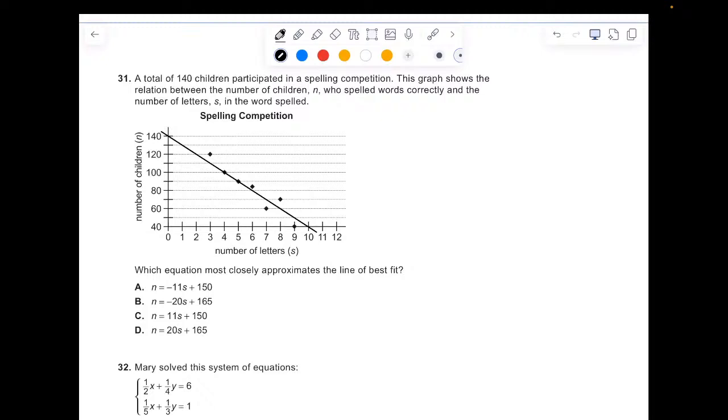Okay. We have an x-intercept of 140, but it looks like their answers are going to be 150. Okay, let's redraw the line then. It's probably here. Let's see. That looks about good.